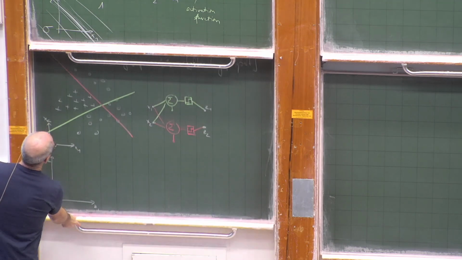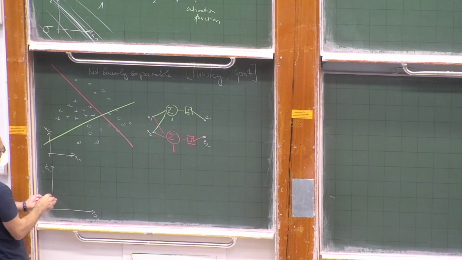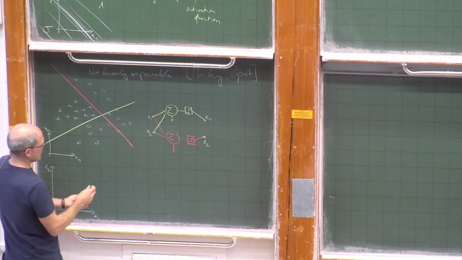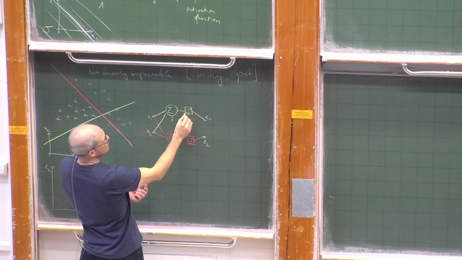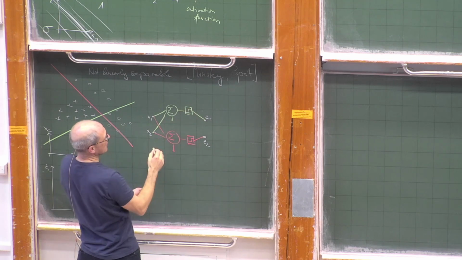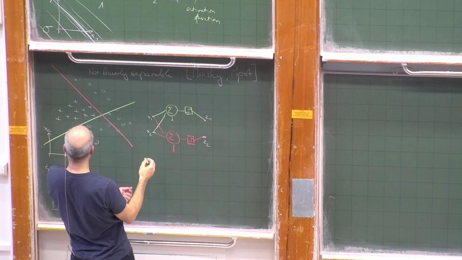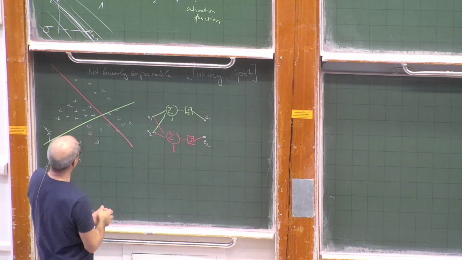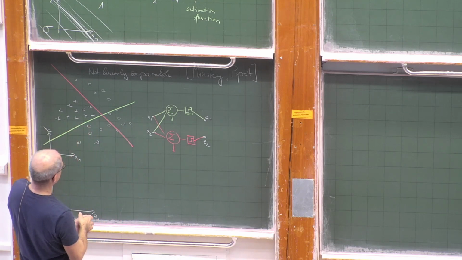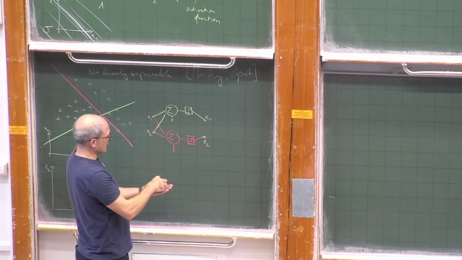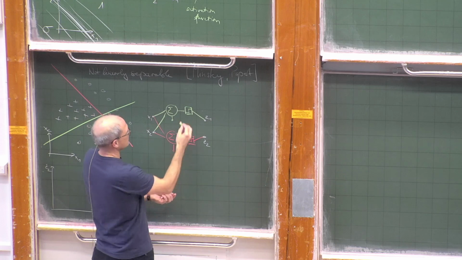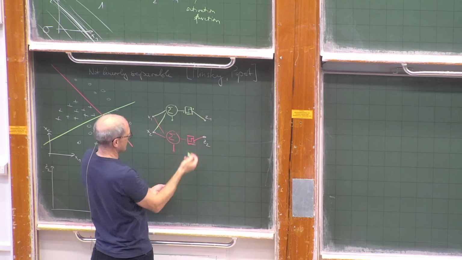Okay. And now we need to decide in which direction my nonlinearities go. I need to decide if they go from 0 to 1 or if they go from -1 to +1. It doesn't matter much. I'm going to let them go from 0 to 1. So here we have 0 and there we have 1.